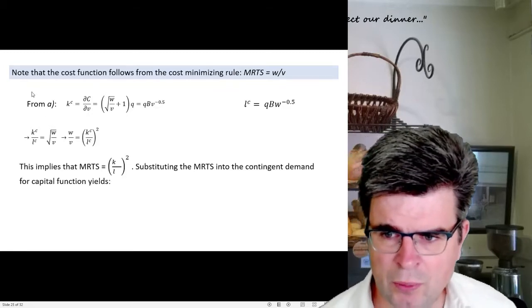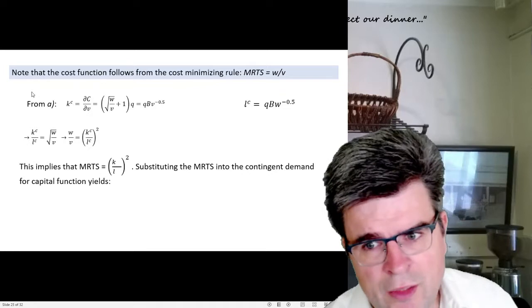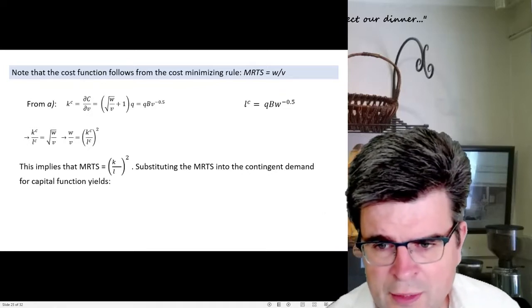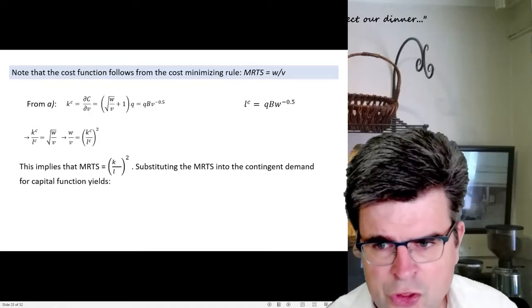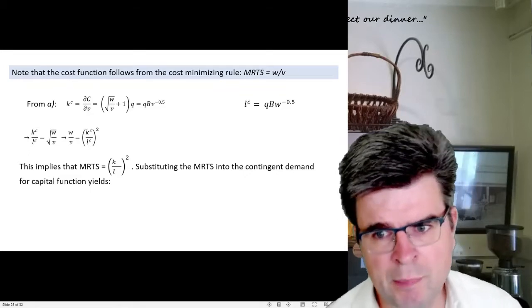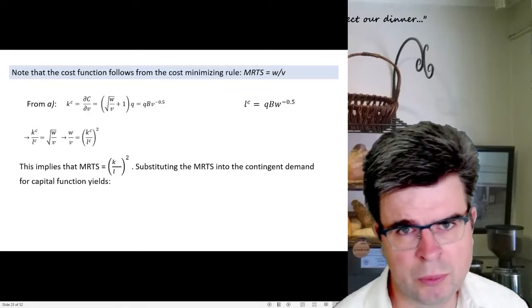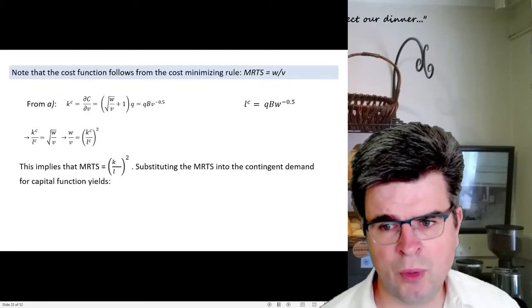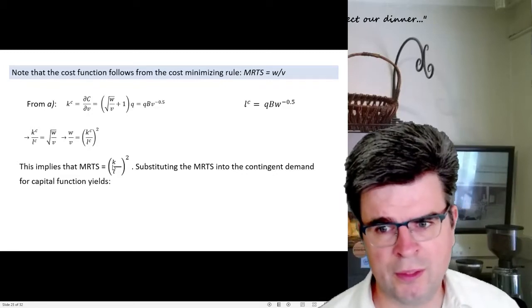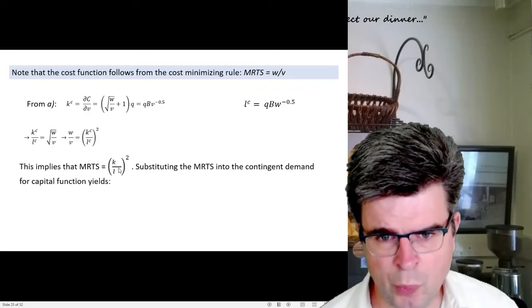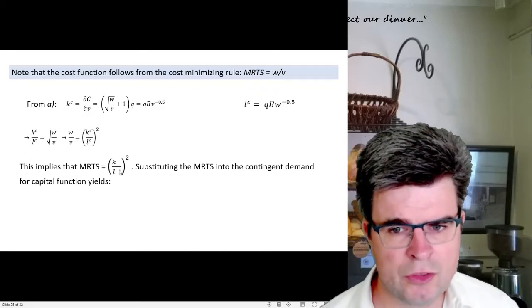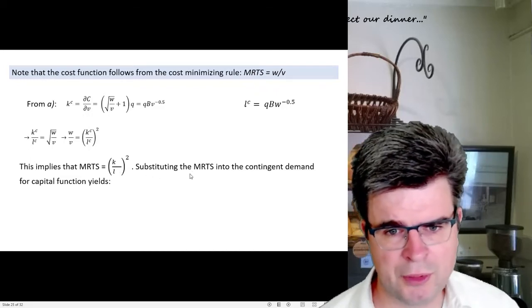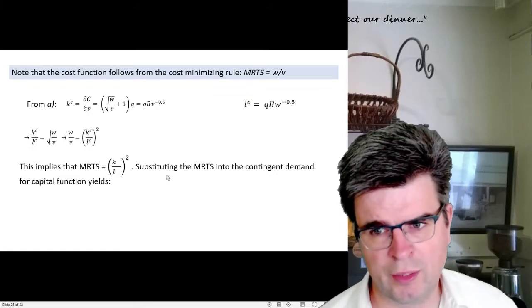Okay, so this implies that the marginal rate of technical substitution is identical to K over L squared, because in equilibrium the marginal rate of technical substitution needs to equal W over V, and W over V is equal to this K over L squared. And now we can substitute this into the contingent demand for capital.